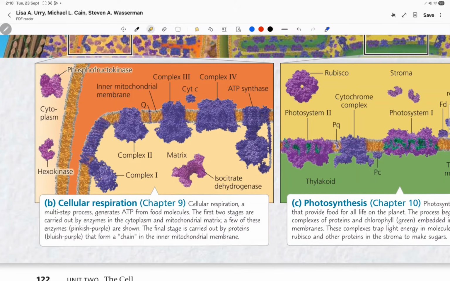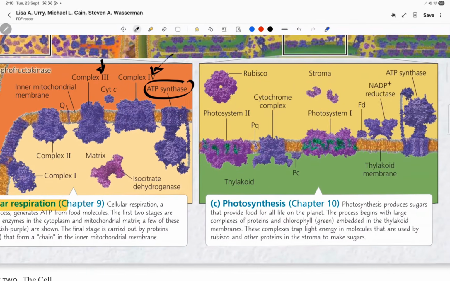And here we have the process of cellular respiration, where the mitochondria is responsible for almost all the work. And essentially on the inner mitochondrial membrane, you have a number of enzymes that are responsible for making the ATP and also responsible for the transferring of the electrons across them.